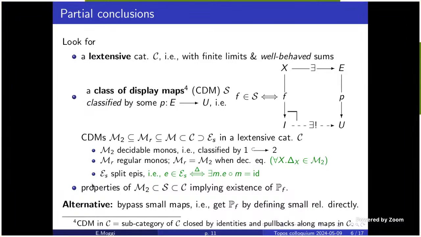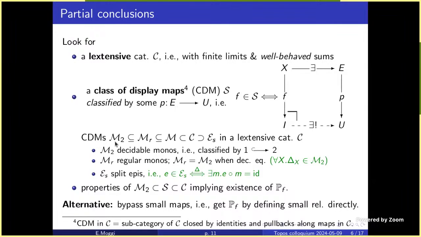By class of display maps, I mean a subcategory of C, so it is closed under composition, it has all the identities, and every small map can be pulled back along any map in C. In particular, most classes of display maps that I will consider have a classifier, which means that there is a small map such that all the others can be obtained by pulling it back along suitable arrows.